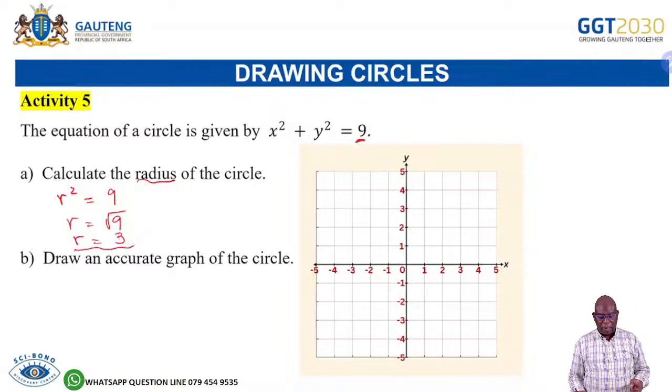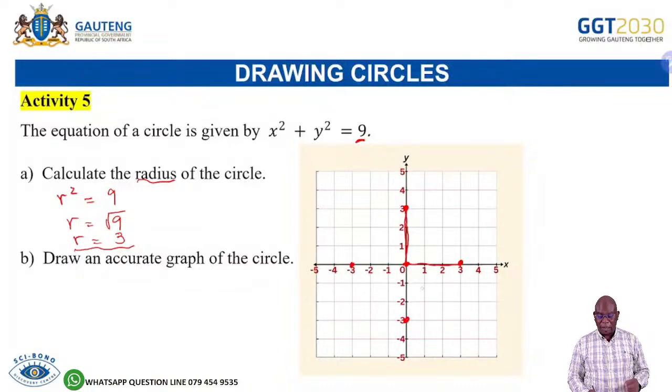Now they say draw an accurate graph of the circle. In this case, if the radius is 3, it means that from my center up, it's going to be a 3. On my right, it must be 3. It's a radius. Remember, this line and that line are of the same distance, so they're equidistant. So the other side will be -3, the other one will be -3.